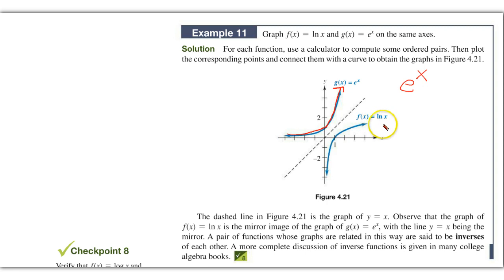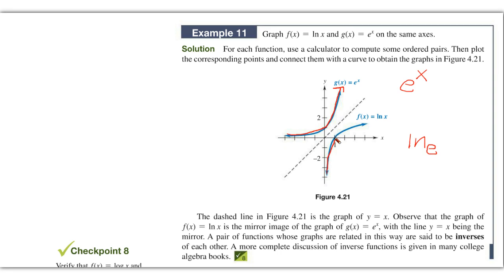Now, if we were to plot and then graph the natural log, remember it's base e, and then have that of x. Remember, that's our inverse function. The graph doing various points ends up looking like so.